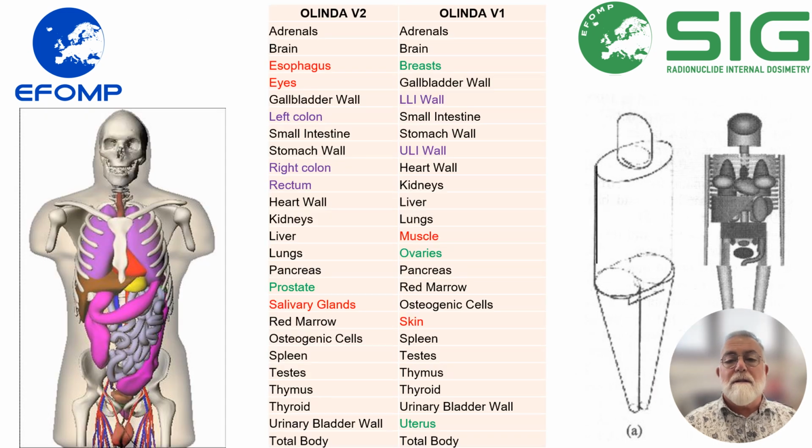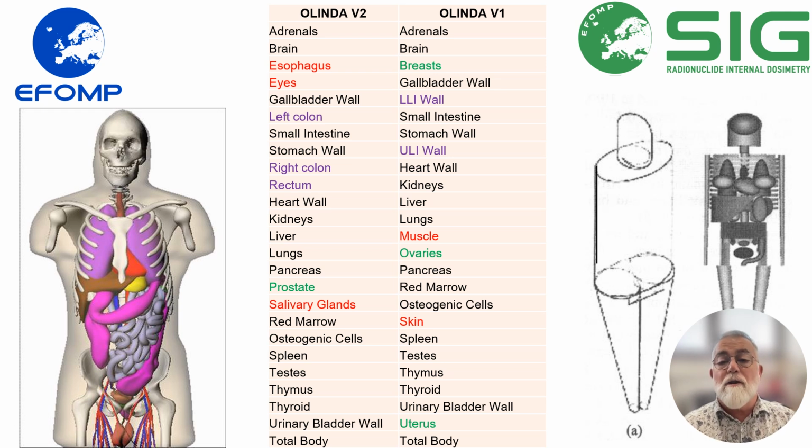And these are, at first, the differences in the target organs that are considered in the two different models. As I put the differences in red, in Olinda version 2 you've got esophagus, eyes, salivary glands, and prostate that are not considered in Olinda version 1.